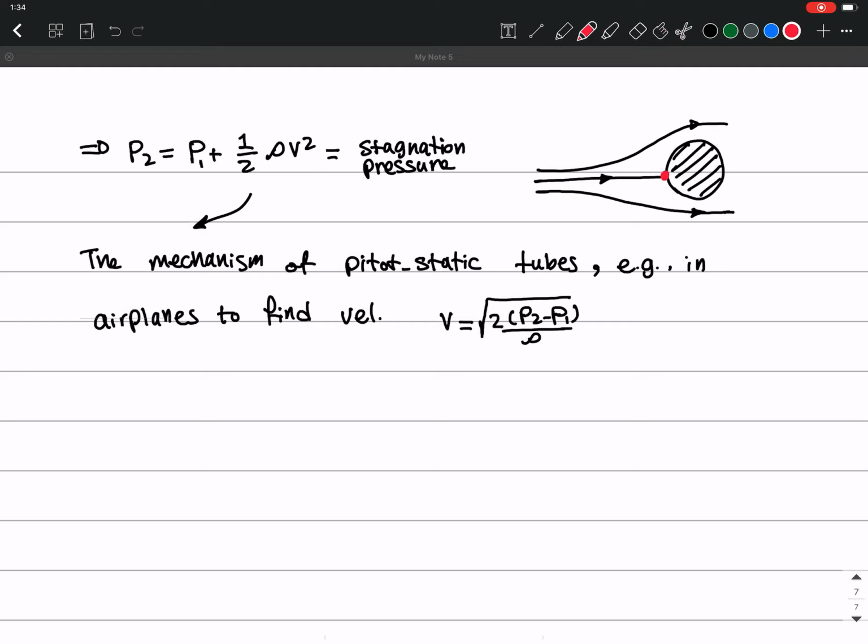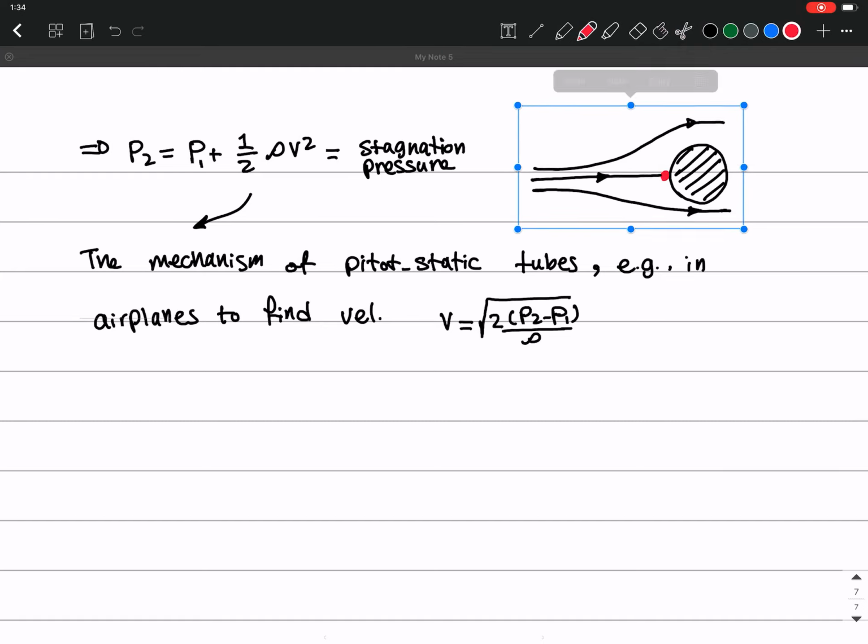Yeah, so the stagnation point is going to be here, right? So if you have a bluff body, the stagnation point is going to be here.